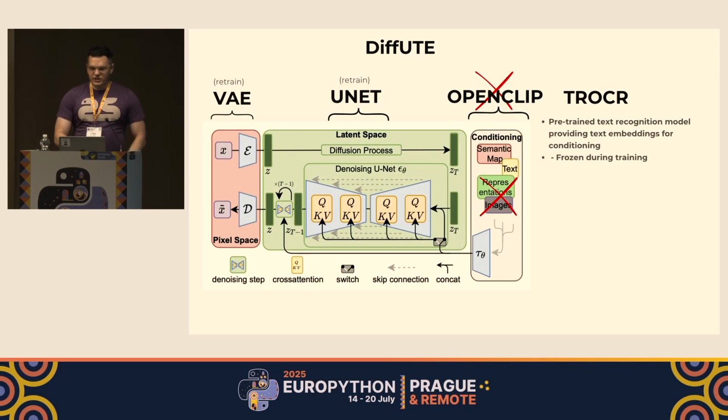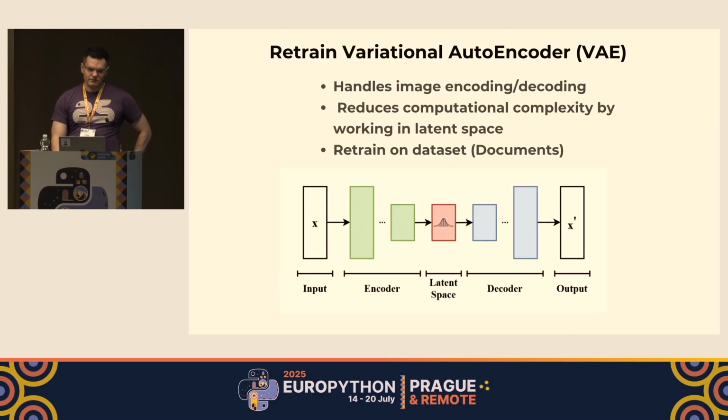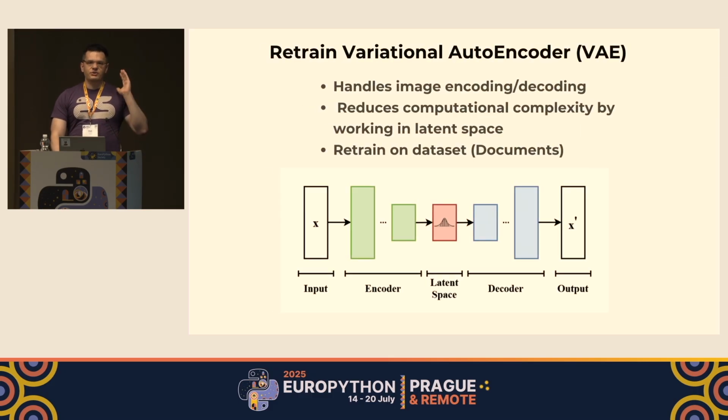What DiffUTE does is replace OpenCLIP with TrOCR, an open source OCR engine, and hook the embeddings in directly. Then they retrain the variational autoencoder, and then they retrain the UNet. So with the retraining process, it's two steps.